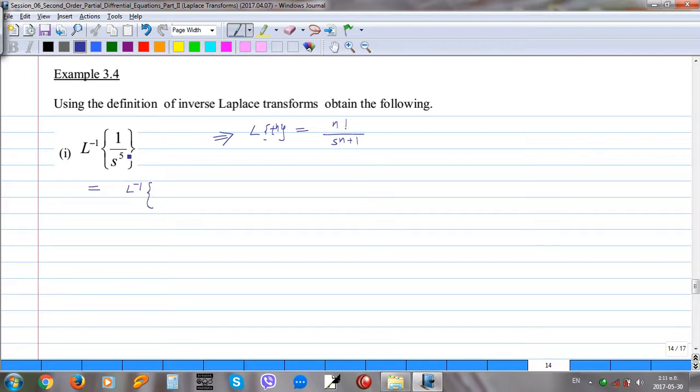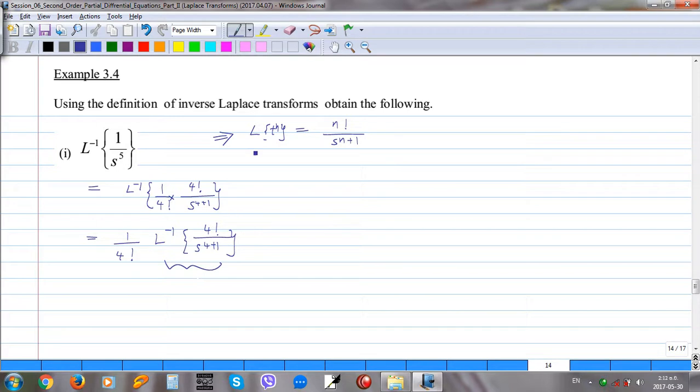To create this we need factorial 4 in the numerator, with s to the power 4 plus 1, but we have to divide by this value. So we can take out 1 over factorial 4 from the bracket.